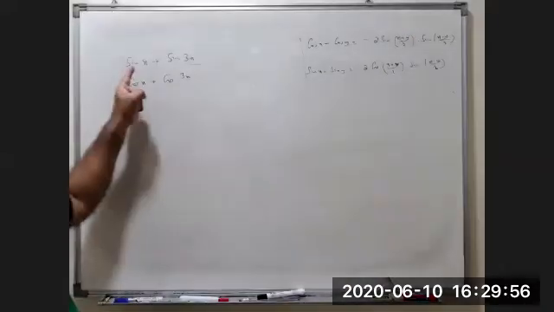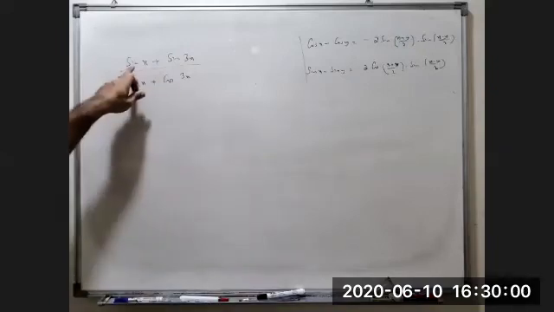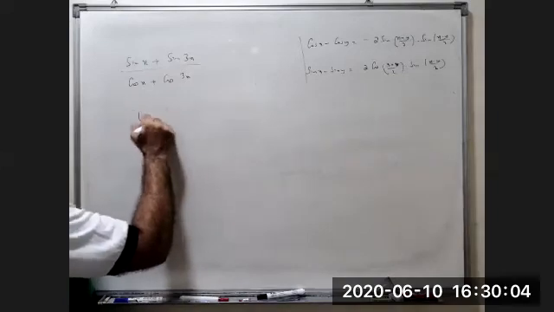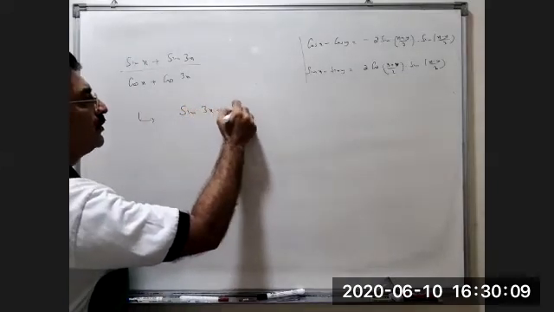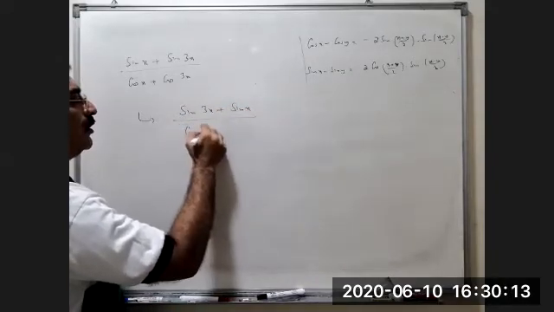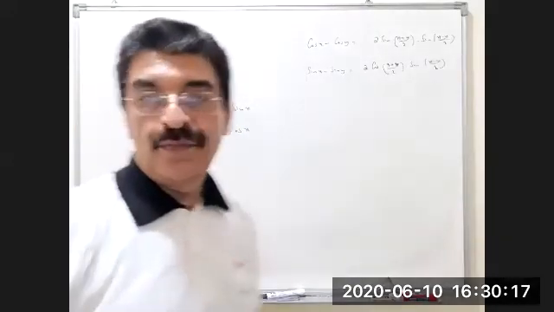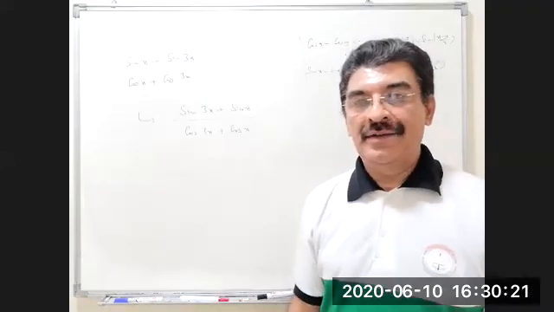Again, we can use the formula for sin x plus sin y, cos x plus cos y. But instead of writing sin x plus sin 3x, I prefer to write sin 3x plus sin x, and in the denominator cos 3x plus cos x. This is better. Why is it better? Anyone? Did you get the idea? Why is it so?